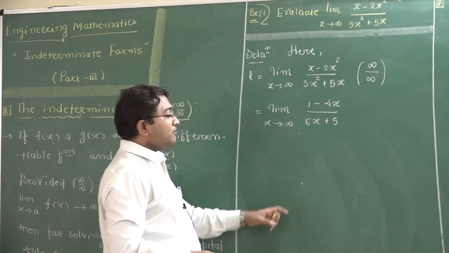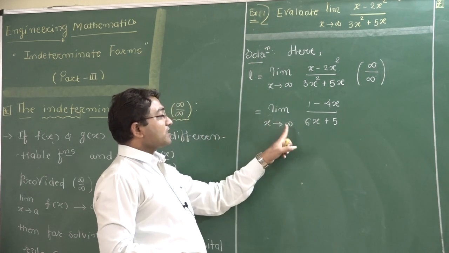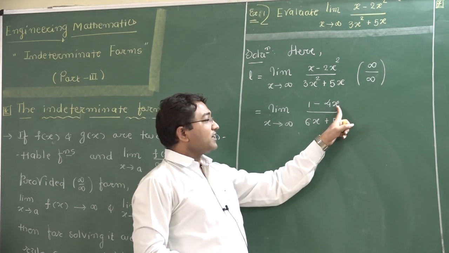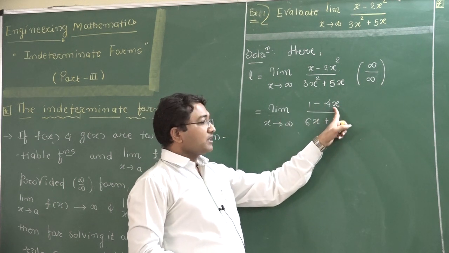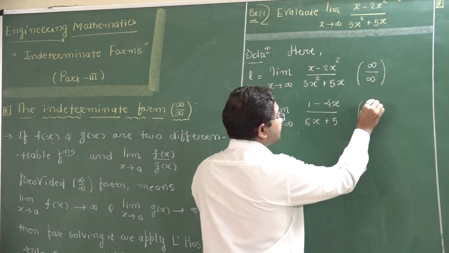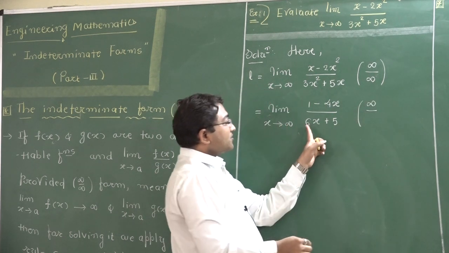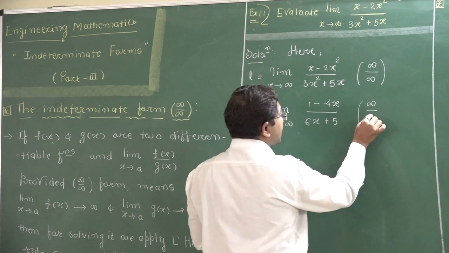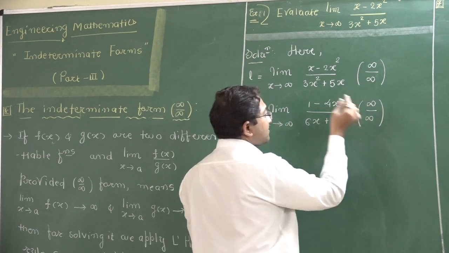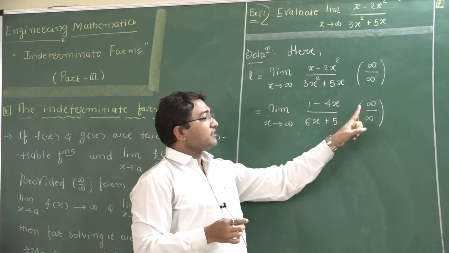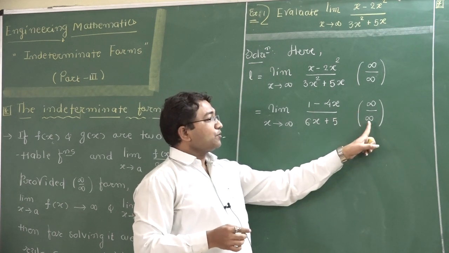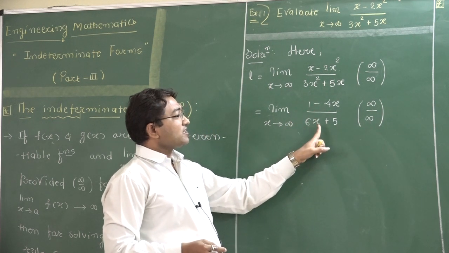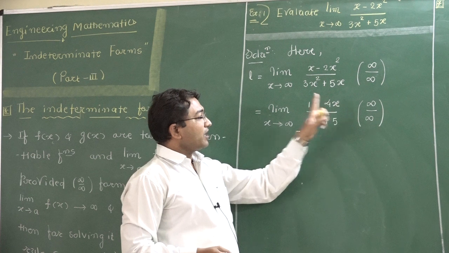Then again verify at the point x tends to infinity: substitute x equal to infinity, we get 1 minus infinity, which is nothing but infinity, and 6 into infinity plus 5 again becomes infinite. So that again generates the form infinite upon infinite. So we can again take the derivative of the numerator as well as the denominator with respect to x.